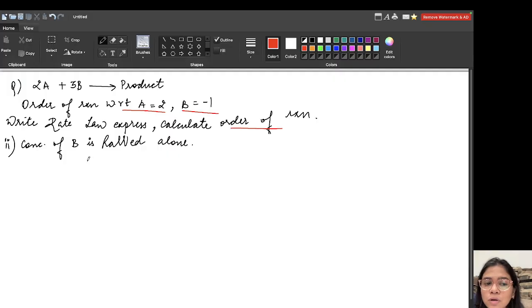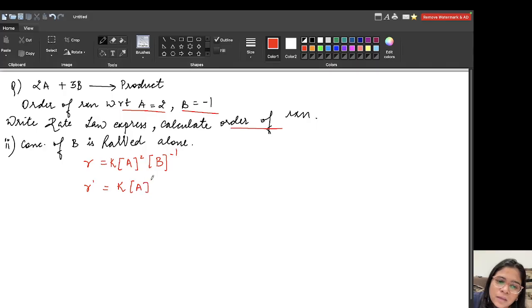Now you know the original rate was A raised to the power 2 and B raised to the power minus 1, right? For the new rate, A is the same and B you are halving. Half means 1 by 2, right? Same thing, just do 2 divided by 1.